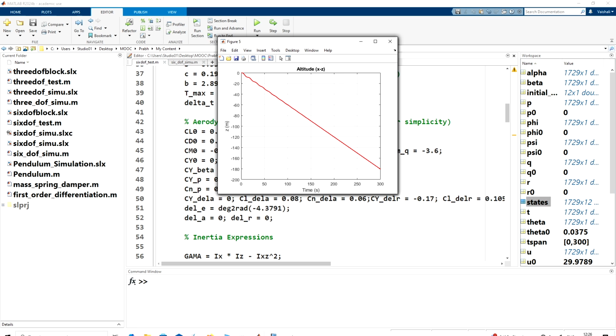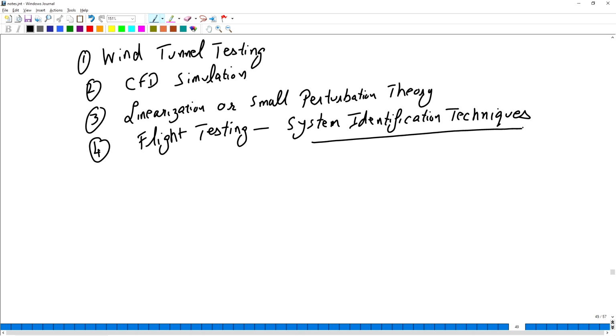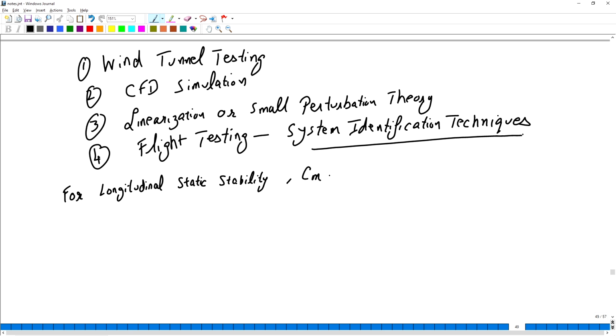All right. So let me write a note over here. For longitudinal static stability, Cm alpha should be less than 0.